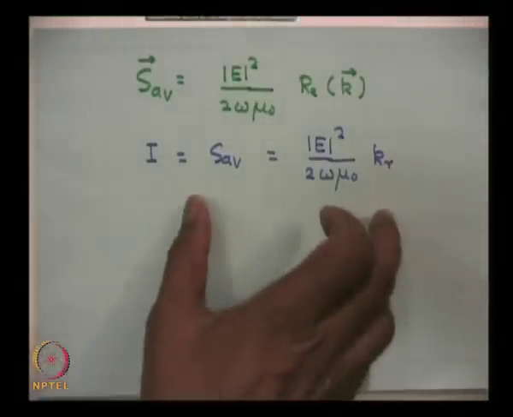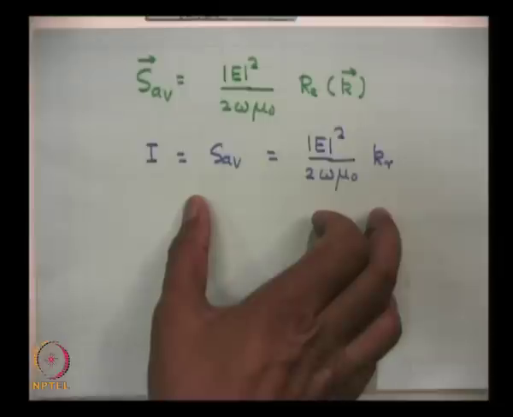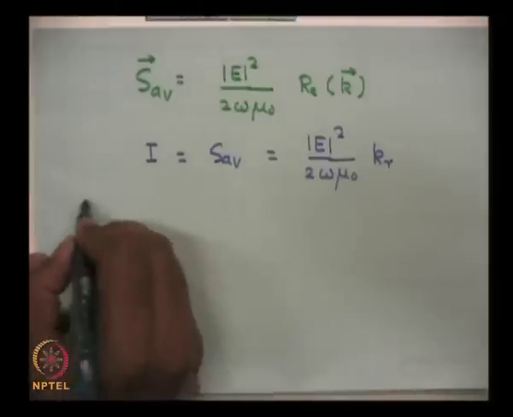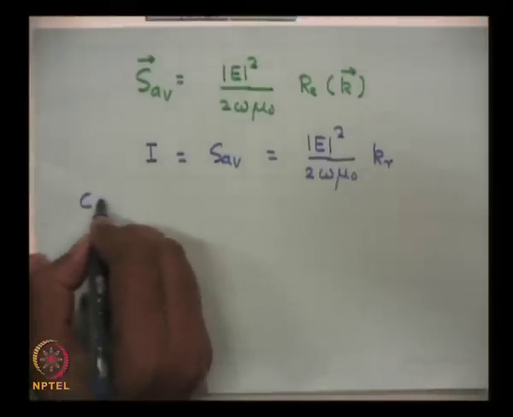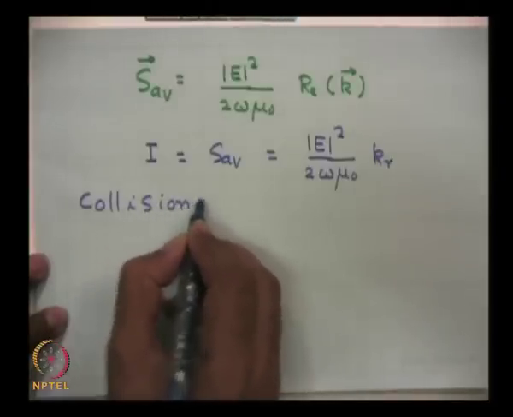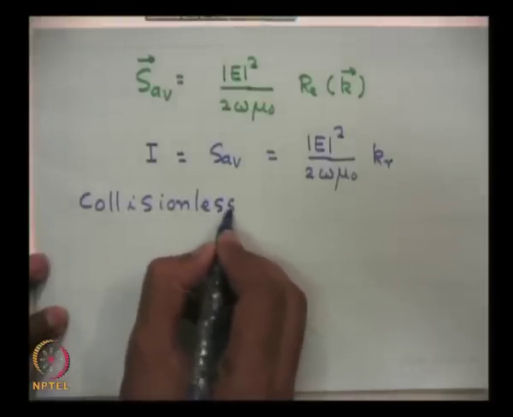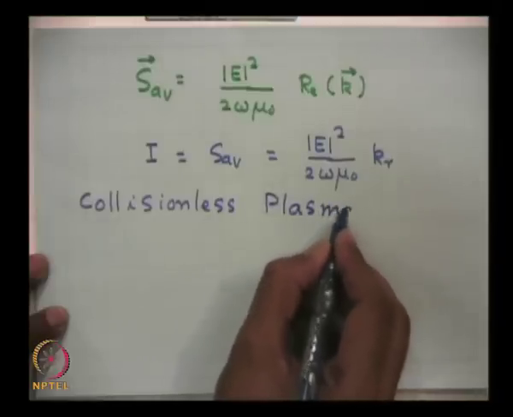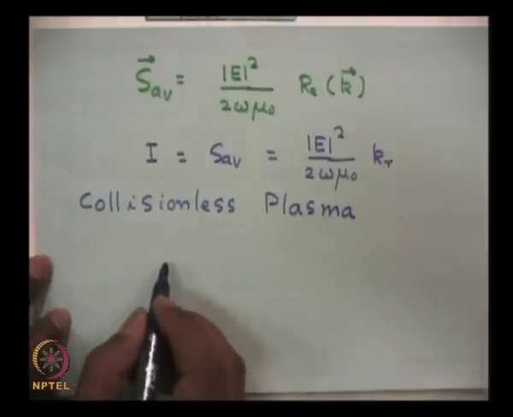Well, when we discuss different cases of wave propagation in different kind of plasmas, we will make use of this expression. So let me consider the wave propagation in a collisionless plasma, where collisions are small. What you get?